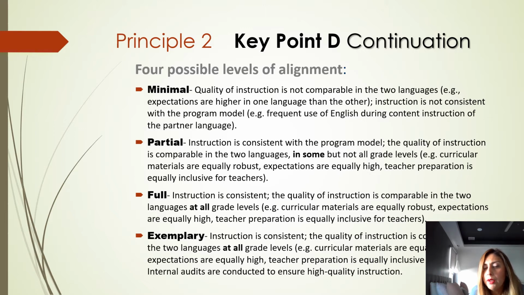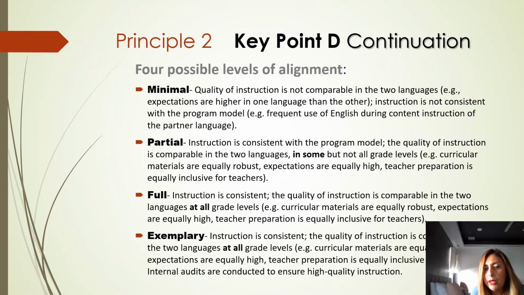At the partial level, the instruction is consistent with the program model. The quality of instruction is comparable in the 2 languages in some, but not all, grade levels. The curricular materials are equally robust, the expectations are equally high, and the teacher preparation is equally inclusive for all teachers. At the full level, the instruction is consistent, and the quality of instruction is comparable in the 2 languages at all grade levels.